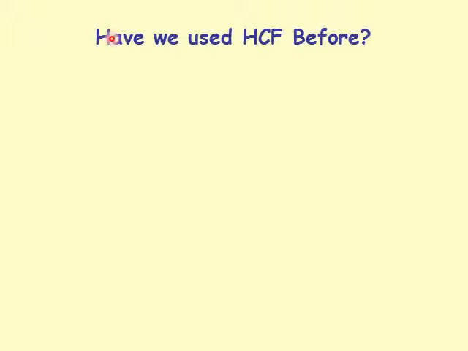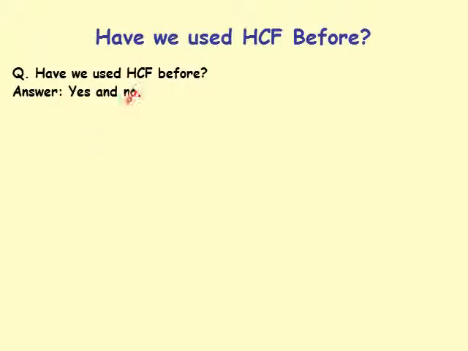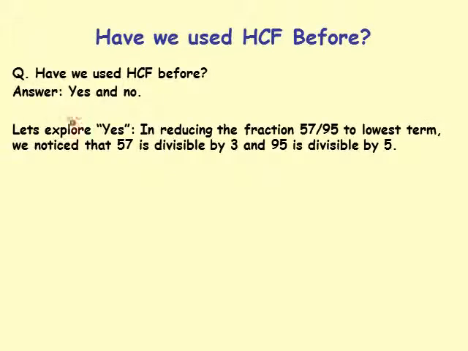Question now: have we used HCF before? Answer: yes and no. Let's explore what yes means. In reducing the fraction 57 by 95 to the lowest terms, we notice that 57 is divisible by 3: 5 plus 7 is 12, and 1 plus 2 is 3, so the digit sum is a multiple of 3.